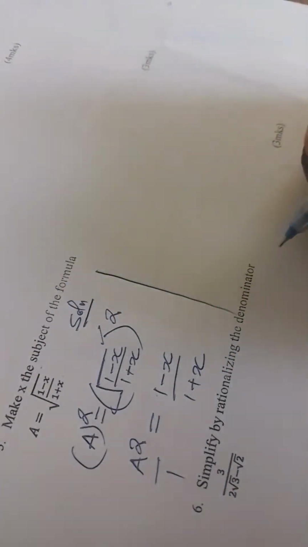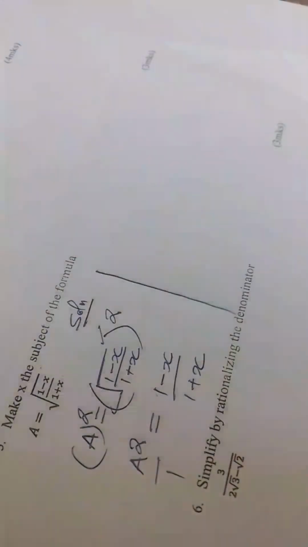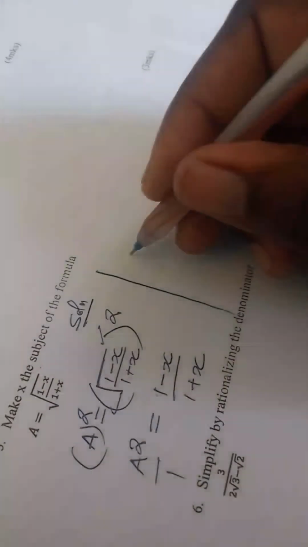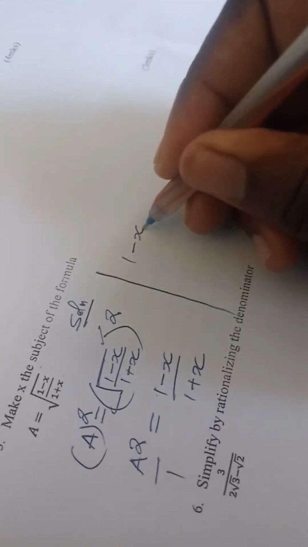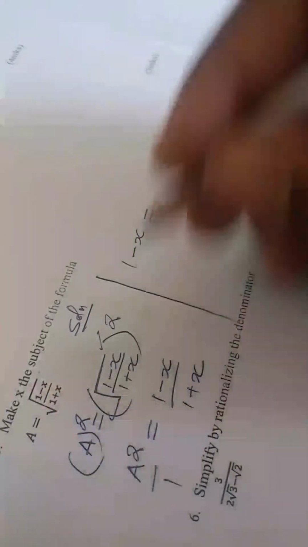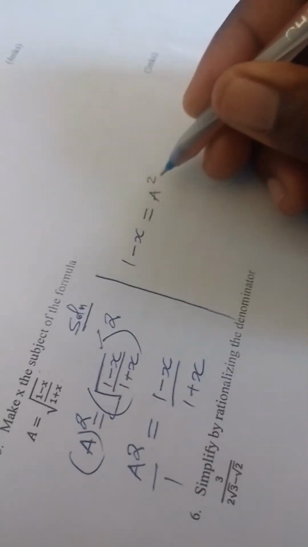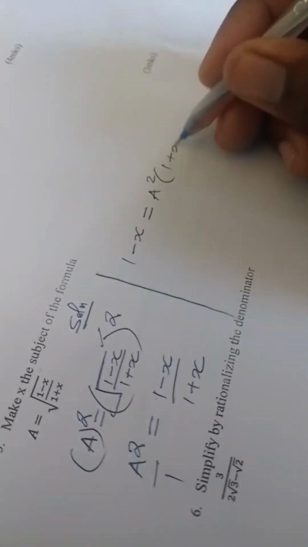Then after that, you can cross multiply. This one is the same as over 1. So if you cross multiply, this one is the same as 1 minus x is equal to a squared into 1 plus x.